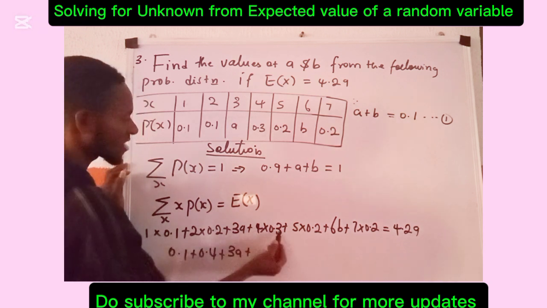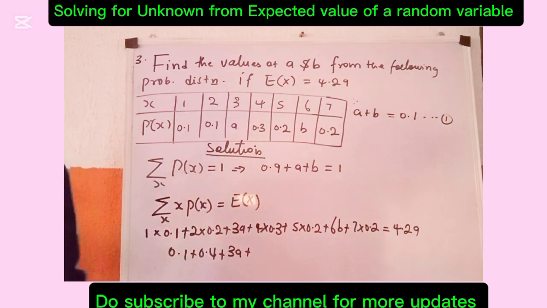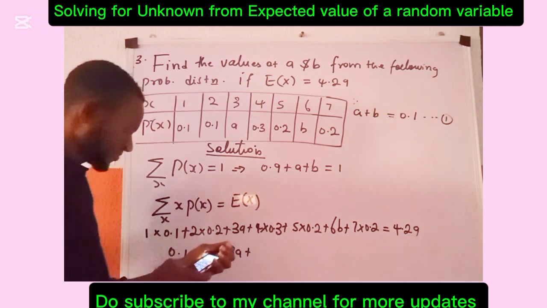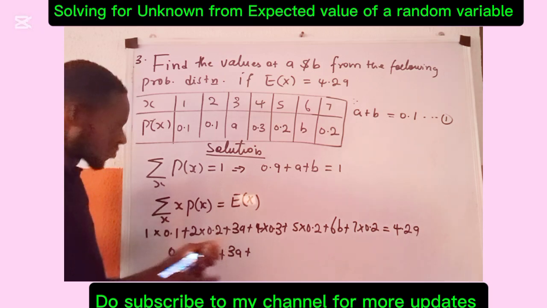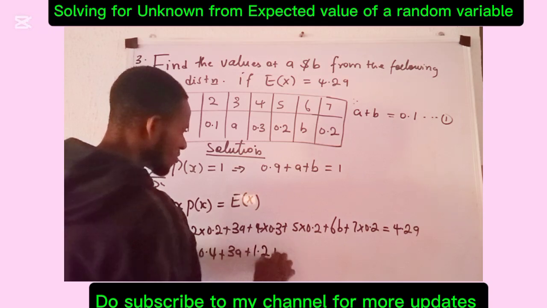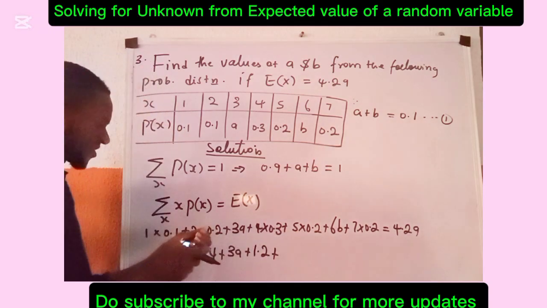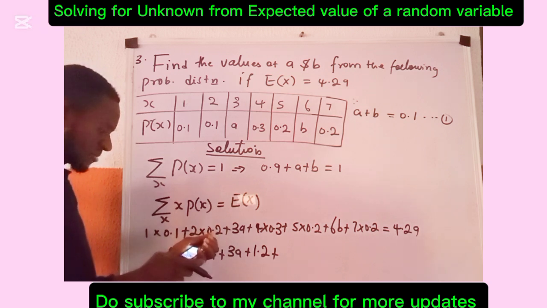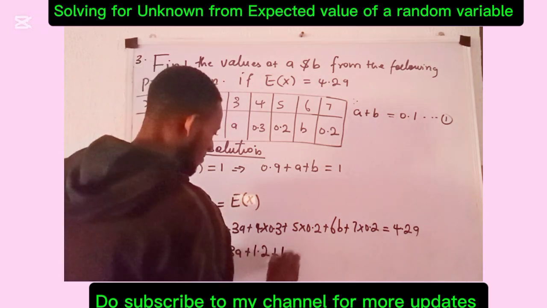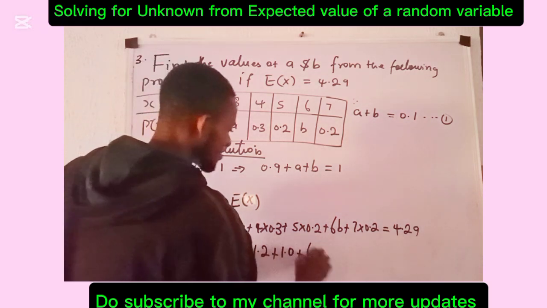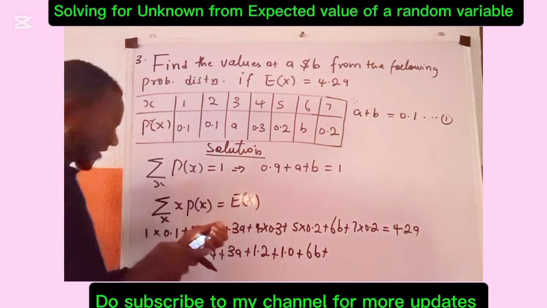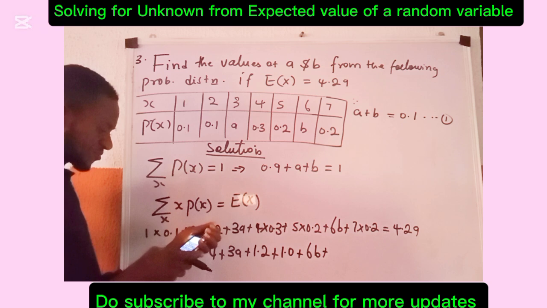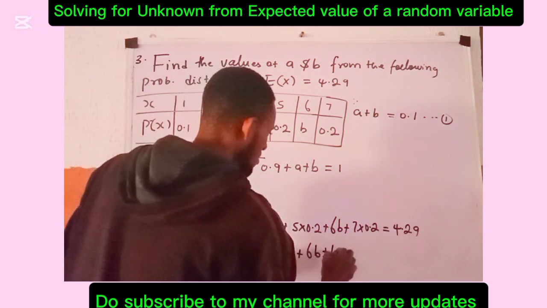Here is 4 times 0.3, which will give me 1.2, plus. 0.2 times 5 will give me 1.0, plus my 6B, plus. 7 times 0.2 will give me 1.4.